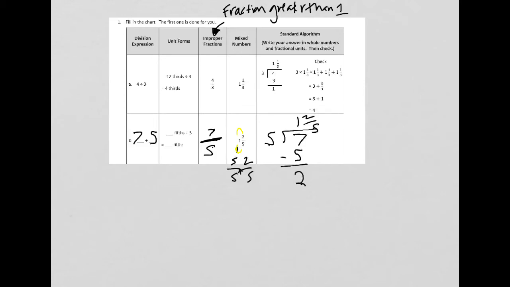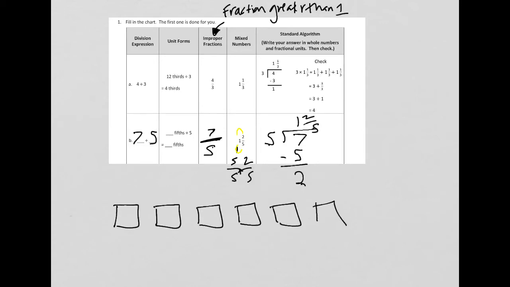The last one we have to do is the unit form. That's when we're thinking about crackers. So we think about our 7 crackers. I have 7 crackers, and I'm breaking each cracker into fifths. Unit form is how many pieces do I have right now?